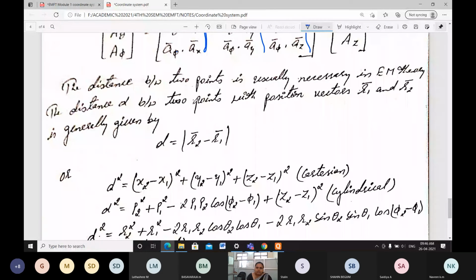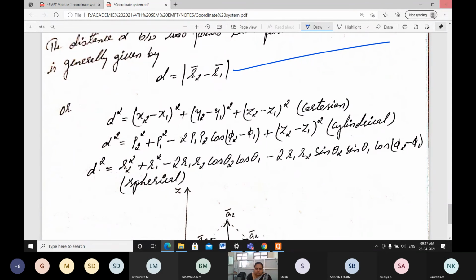The distance between the two position vectors r1 and r2, d, which we have already come across, is the magnitude of r2 minus r1. In Cartesian, it is x2 minus x1 whole square plus y2 minus y1 square plus z2 minus z1 square.